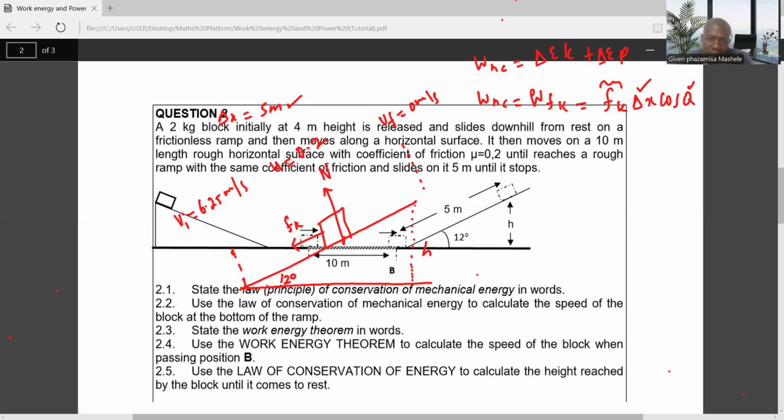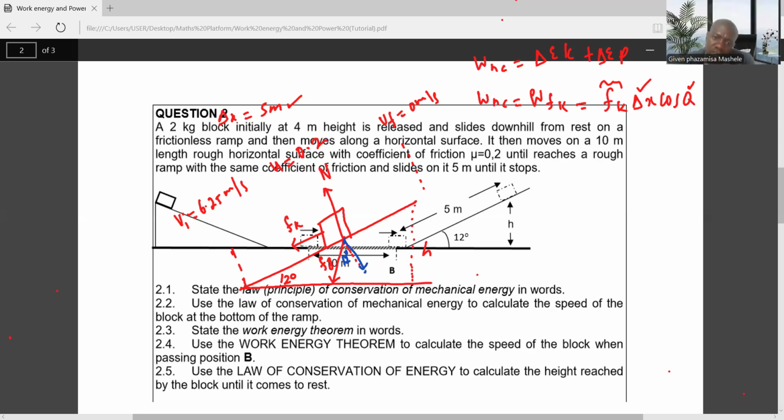And we'll have the Fg there due to the slope, which means the angle here is the same as the 12 degrees. Why are we doing this? We want to get the normal, so we use tail to head.